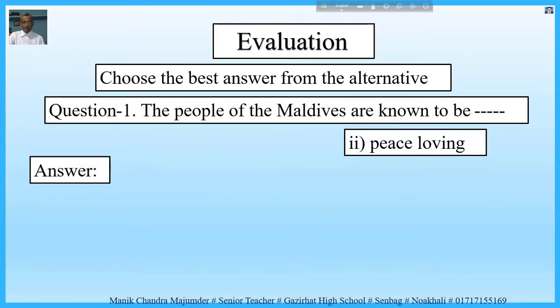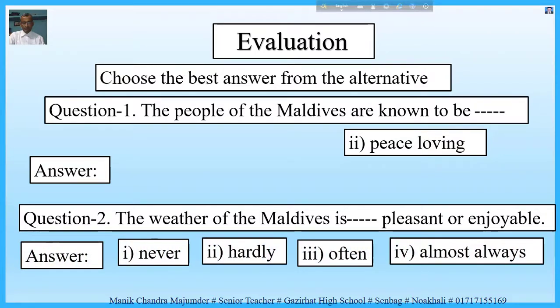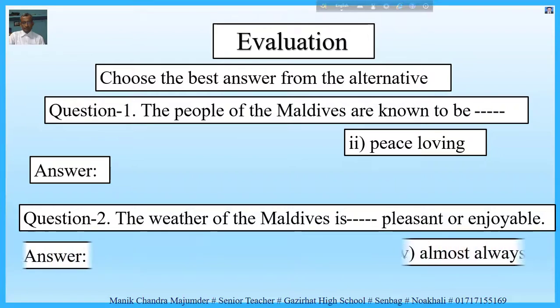Right option: peace loving. Question 2. The weather of Maldives is dash pleasant or enjoyable. Option 1, never; 2, hardly; 3, often; option 4, almost always. Almost always. Right option.